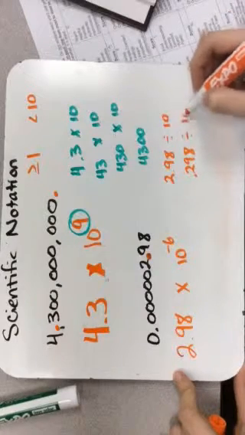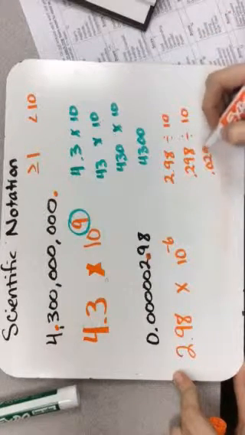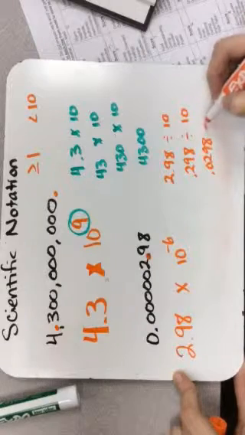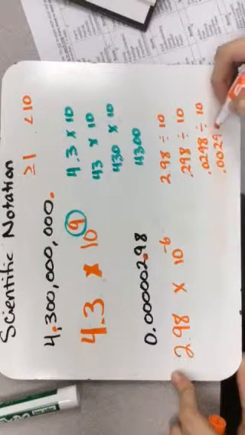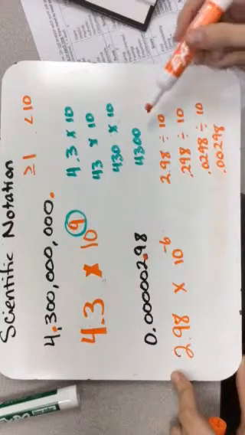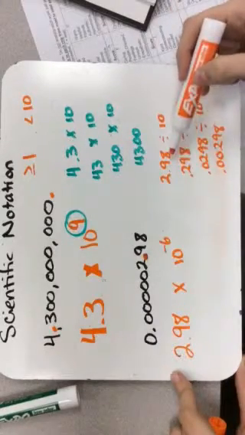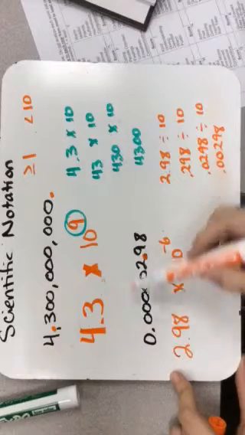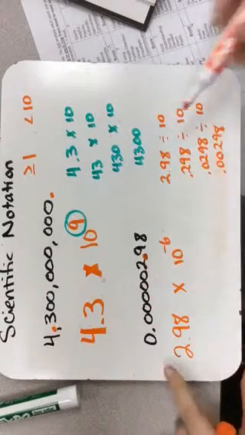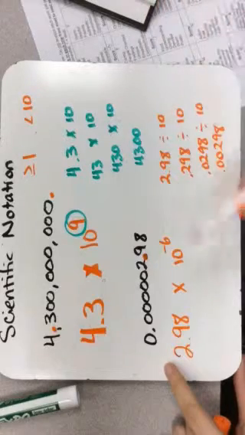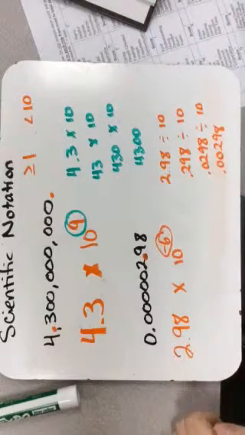Divided by 10 again, you would have 0.0298. Divided by 10 again, you would have 0.00298. So again, if we wanted to go from 2.98 to 0.0000298, you would have to divide by 10 6 times.